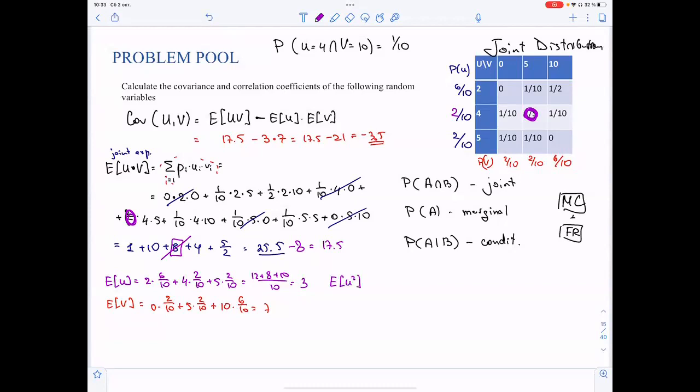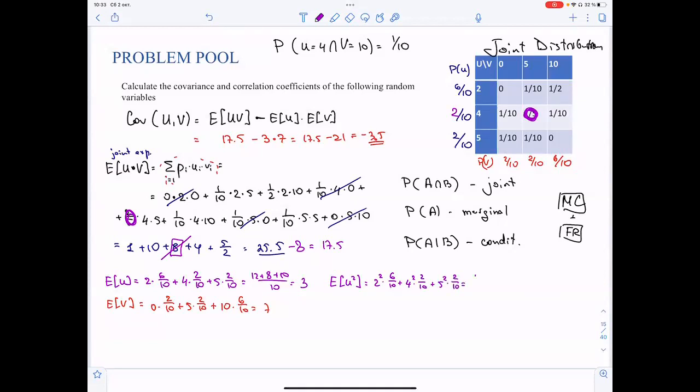To evaluate the variance of U, I am going to estimate an expectation of U squared. And this is going to be done in the following way. So it's 2 squared times 6/10 plus 4 squared times 2/10 plus 5 squared times 2/10.